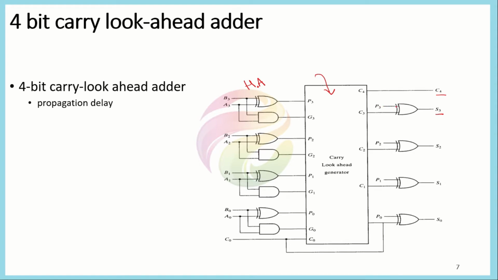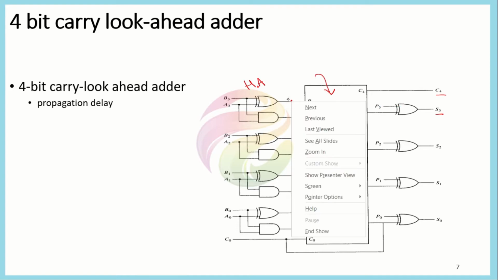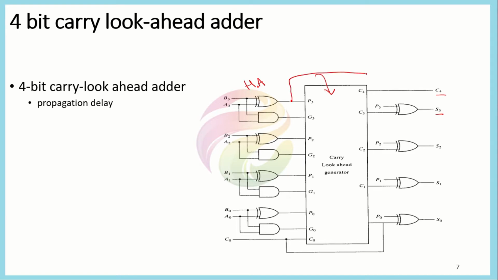This is actually representing the second full adder of the whole full adder system. And this is the P3 term here, meaning that this term is joined here. Similarly, this P2 term is joined from here, and similarly P1 is joined here and P0 is joined here.